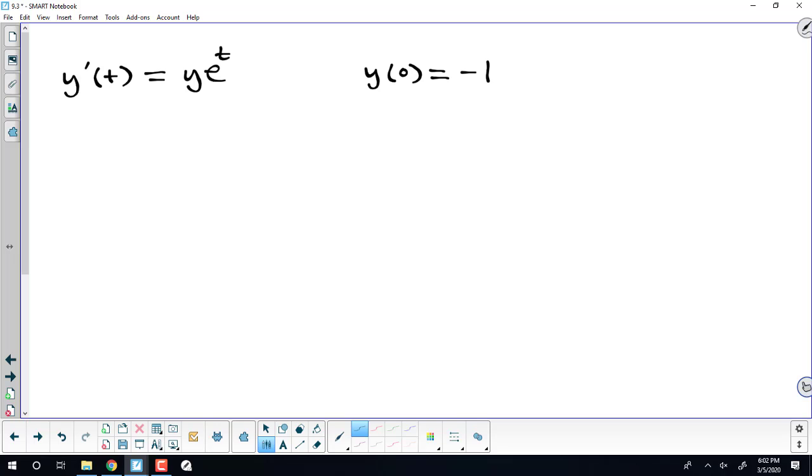So we would solve this normally, and then when we get to our explicit solution, we'll just wait till we get there. But we've got a separable differential equation with 1 over y on one side, and e to the t on the other.